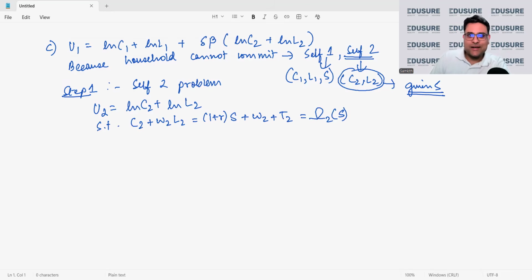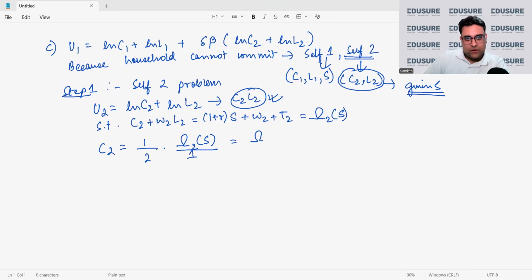Okay, again, this is a standard Cobb-Douglas optimization. This can be written as C2 into L2, a monotonic transformation of a Cobb-Douglas. So here, basically, C2 will be 1 divided by the summation of the two powers multiplied by omega 2 divided by the coefficient, that's 1.